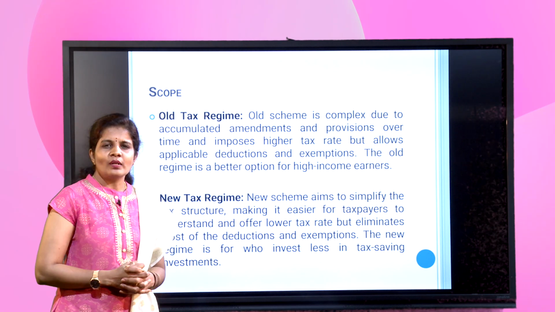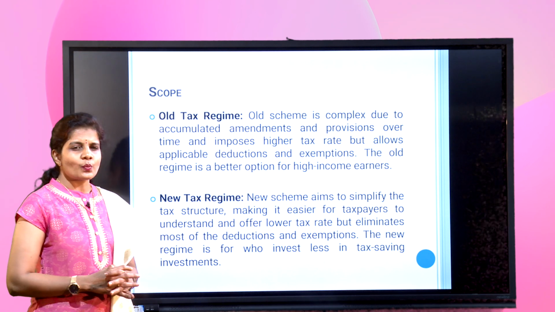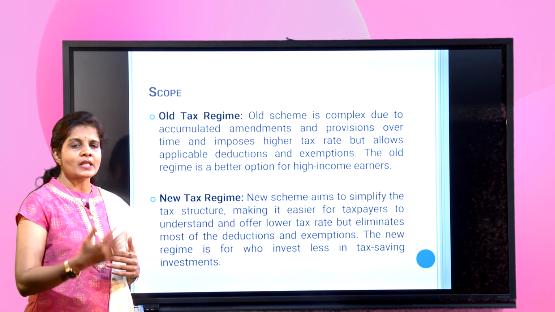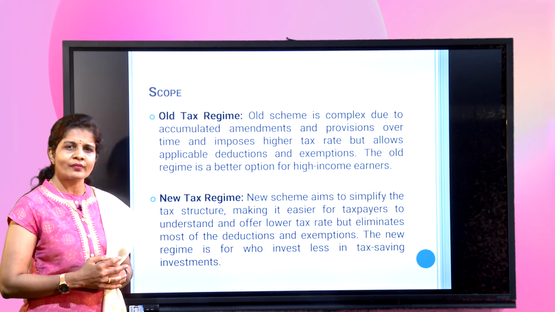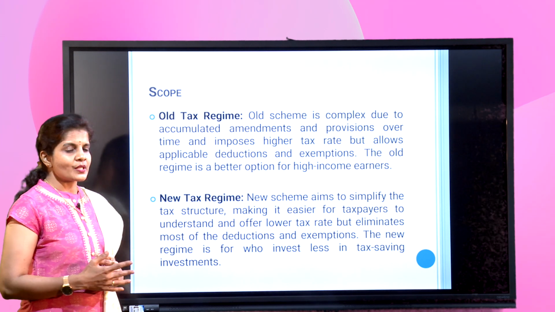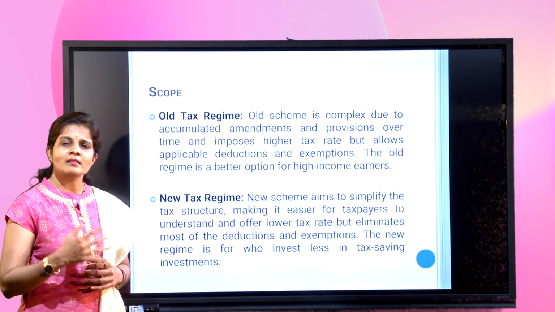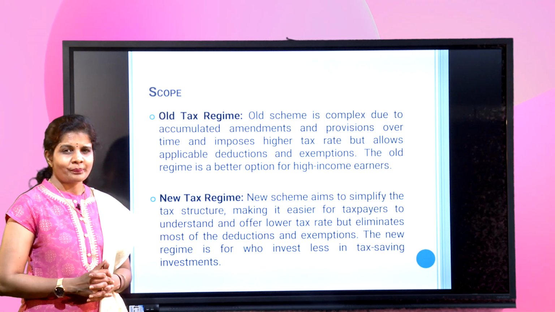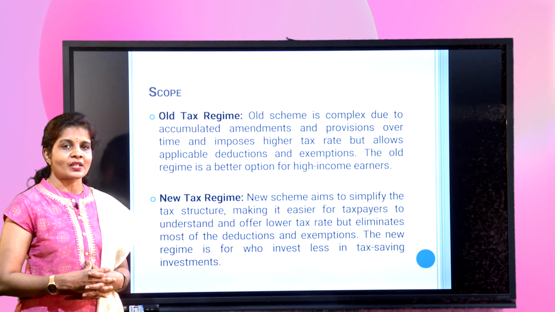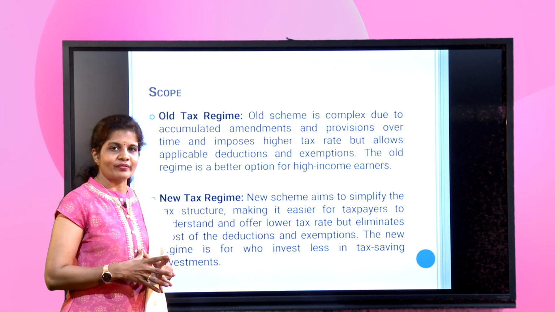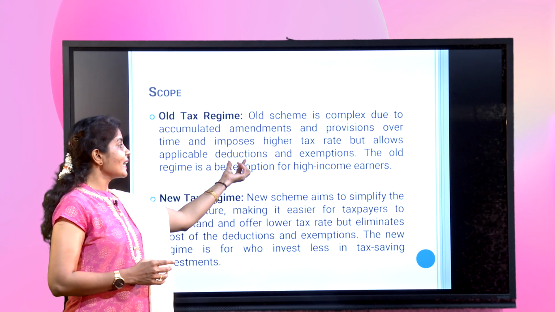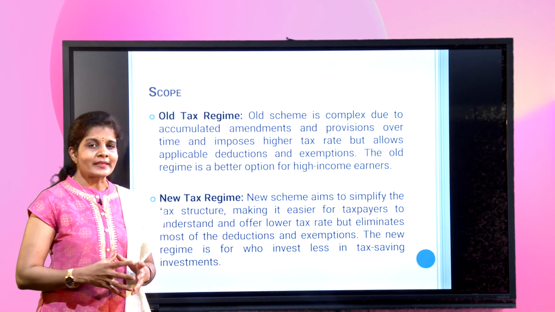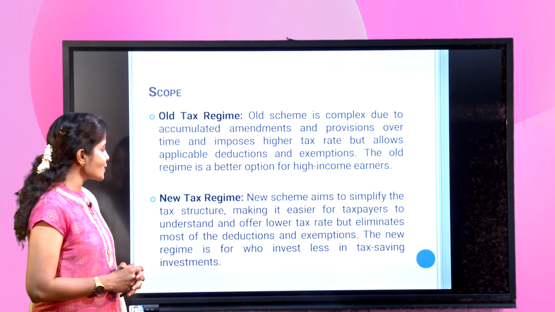Regarding scope, the old tax regime is very complex because the amendments keep changing every year in the Union Budget, with various provisions and types of taxes, surcharges and cesses imposed at higher rates. But one very important benefit of the old tax regime is the availability of deductions and exemptions.